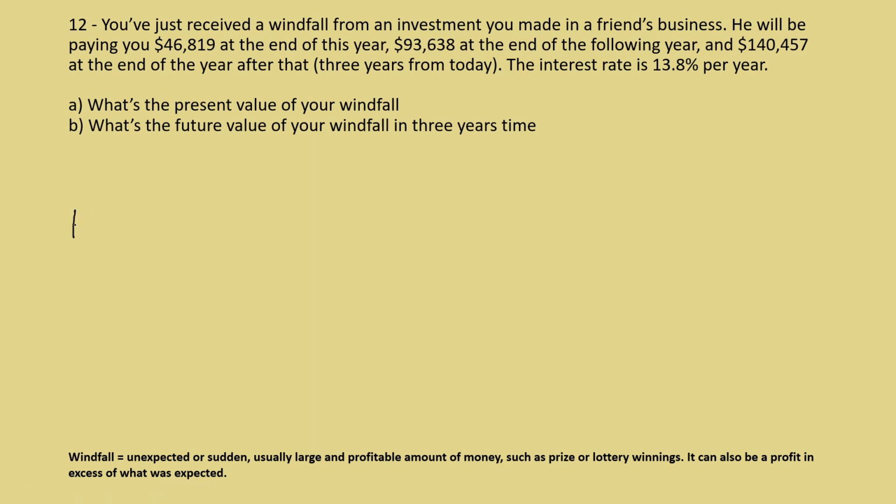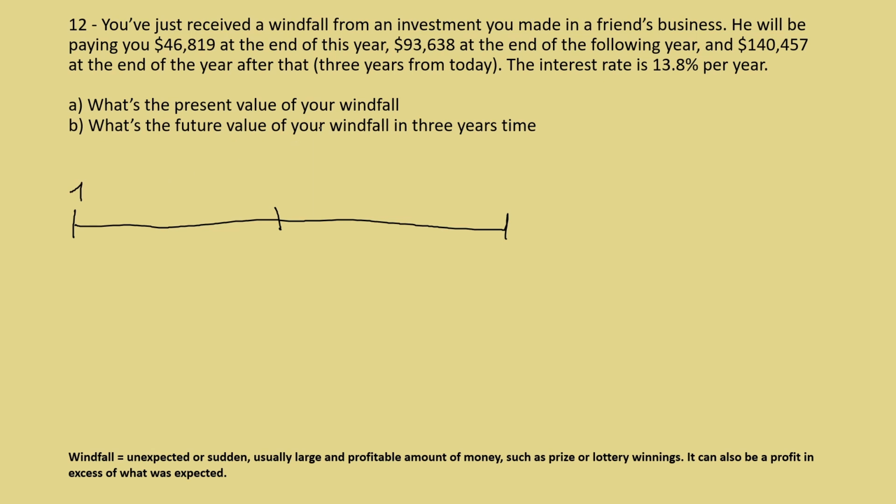Now first, let's draw a timeline. Right, so we know there's 3 years, okay? And then it says he will be paying you this amount of money at the end of this year, so this means that this will be period 1 because it's at the end of the year.